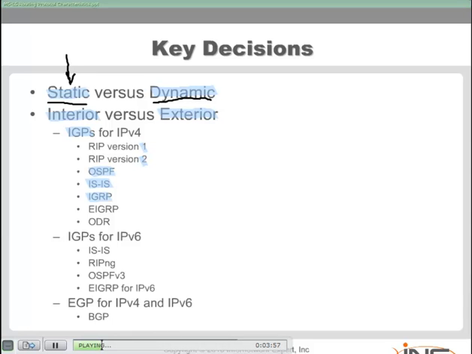There's IGRP. There is EIGRP. There's even a simple little Cisco routing protocol called on-demand routing that uses CDP. It uses Cisco Discovery Protocol information to route for us in a very, very limited capacity for hub and spoke environments. So there's lots of options when it comes to your routing protocols.